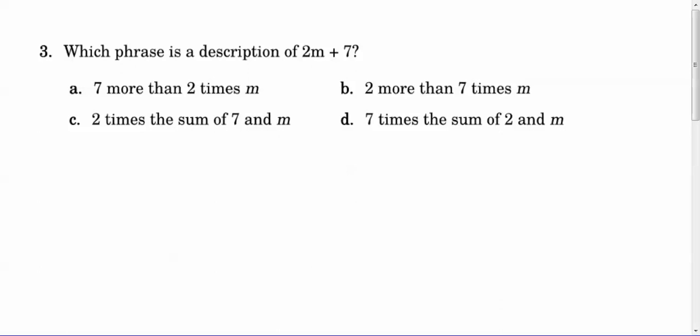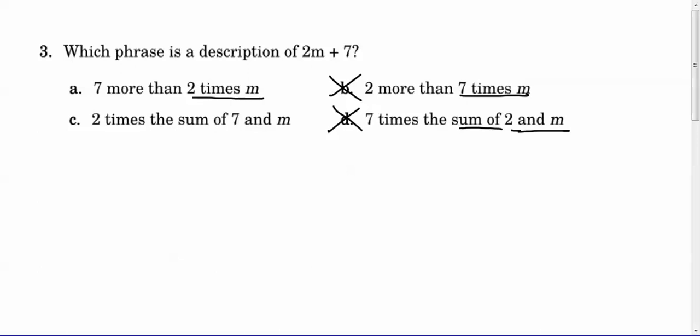So we are looking for 2 times m. Choice A says 7 more than 2 times m. That's a key piece, right? Choice B says 2 more than 7 times m. We don't want that. It's not 7 times m. And this one says the sum of 2 and m. 2 and m are being multiplied, and sum indicates addition, so that's not our correct answer.